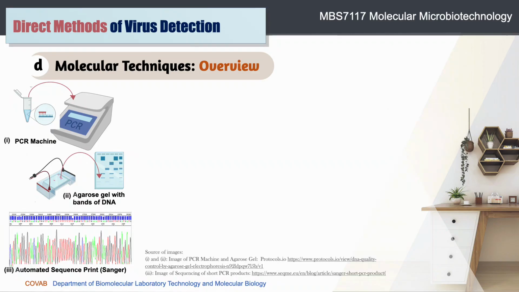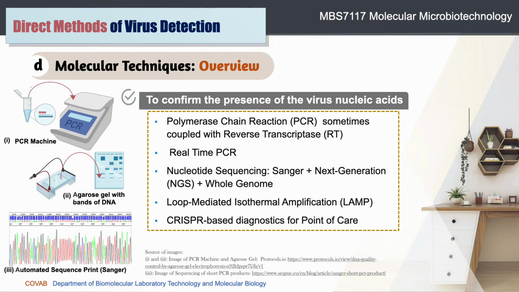Now these nucleic acids can be detected using an agarose gel, and we can even take the nucleic acids for sequencing. To confirm the virus nucleic acids, we can use the polymerase chain reaction, which is PCR, and it's sometimes coupled with reverse transcriptase if we are looking at RNA viruses.